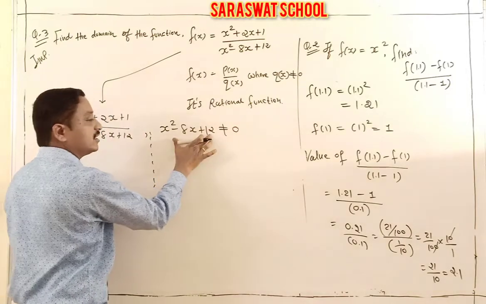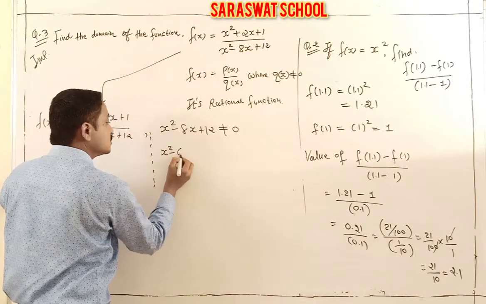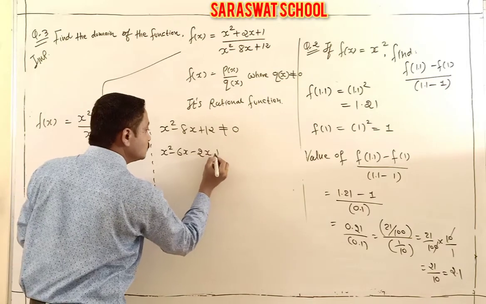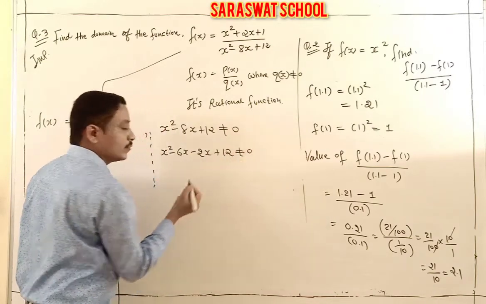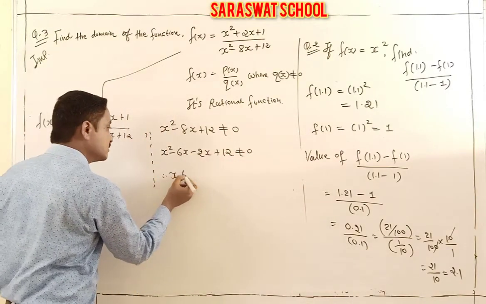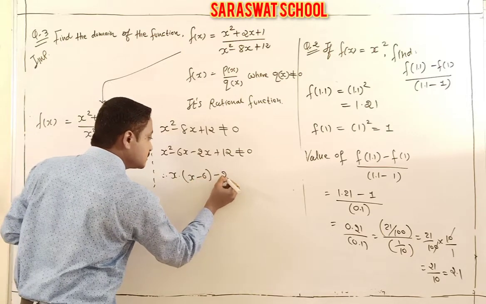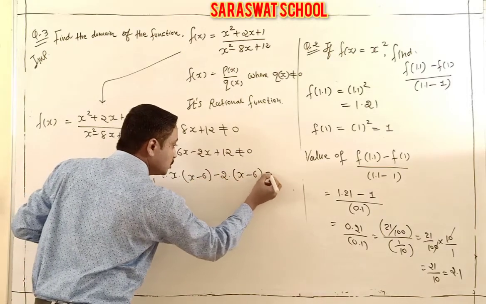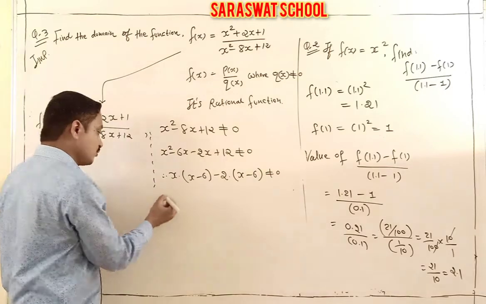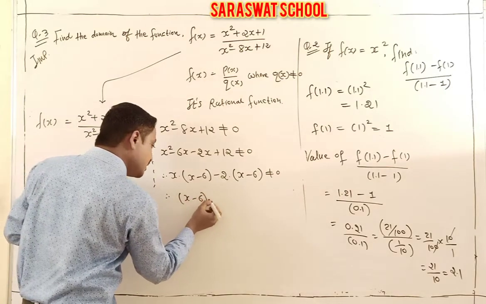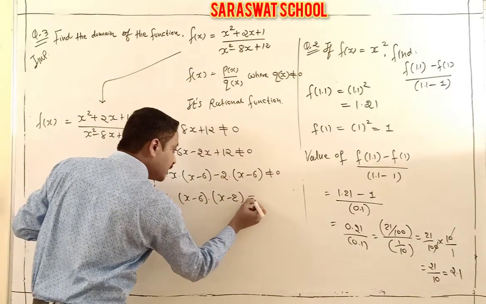12 factor 8 carry, so 6 and 2 are common, taking x minus 6 minus 2 times x minus 6. So finally you get x minus 6 and x minus 2.